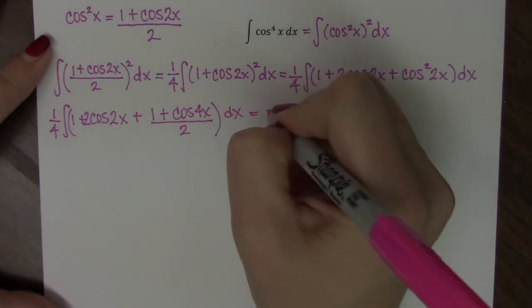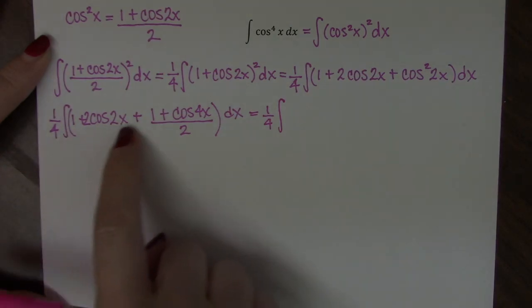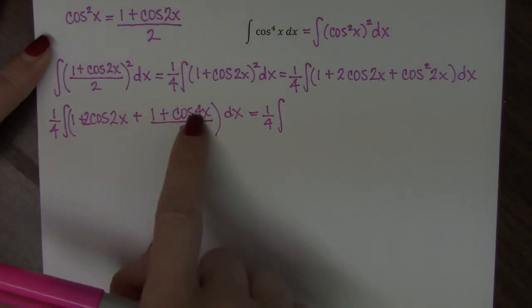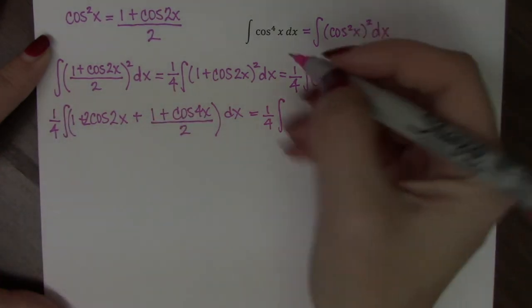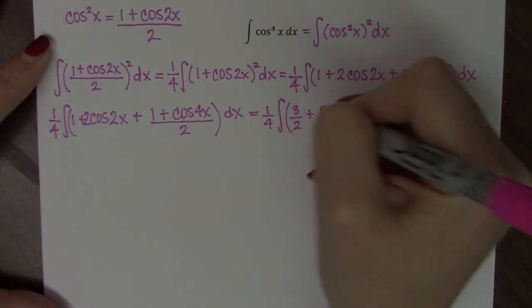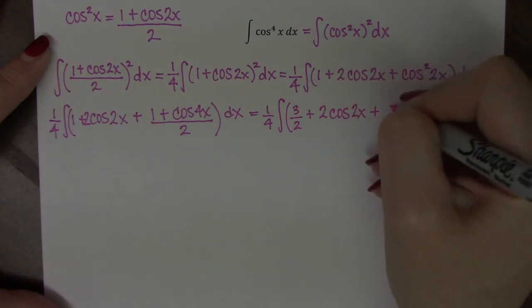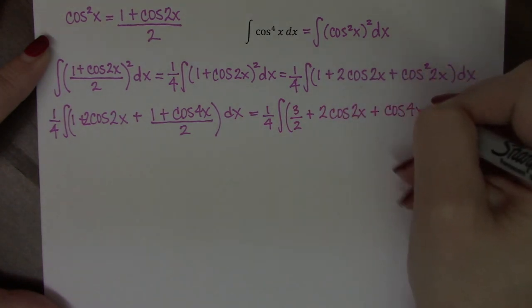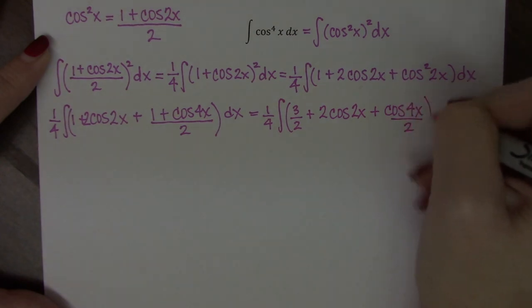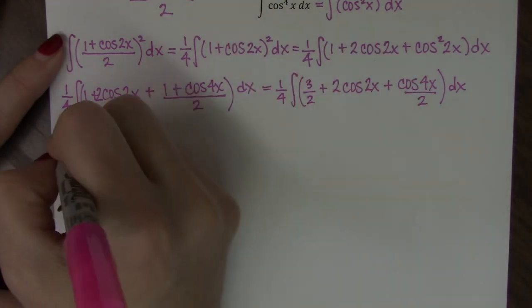So I'm going to leave my 1/4 out front. And this 1 is really plus a 1/2 because each of these are over 2. So 1 plus 1/2 is 3/2 plus 2 cosine 2x plus cosine 4x over 2 dx. So now I'm actually ready to integrate this.